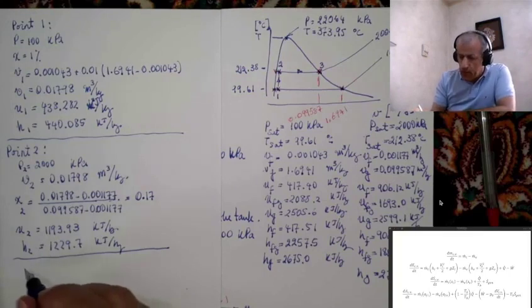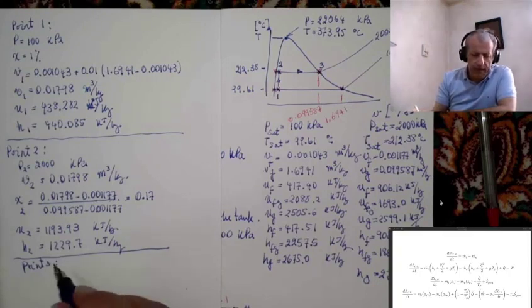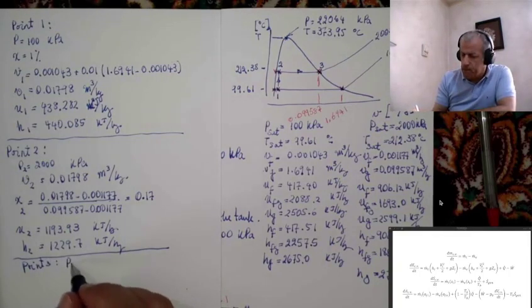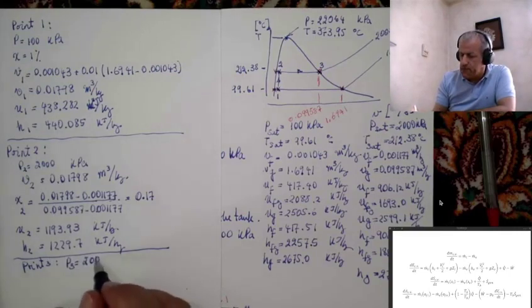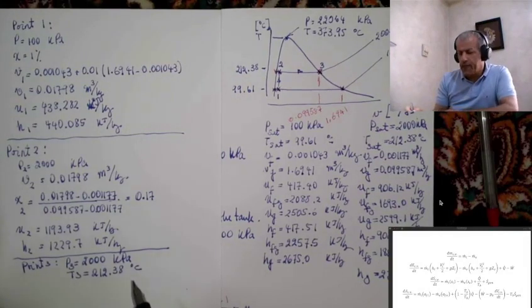So for point 3, we have everything. P3 equals 2000 kilopascals. T3 is the saturation temperature, 212.38 degrees centigrade.